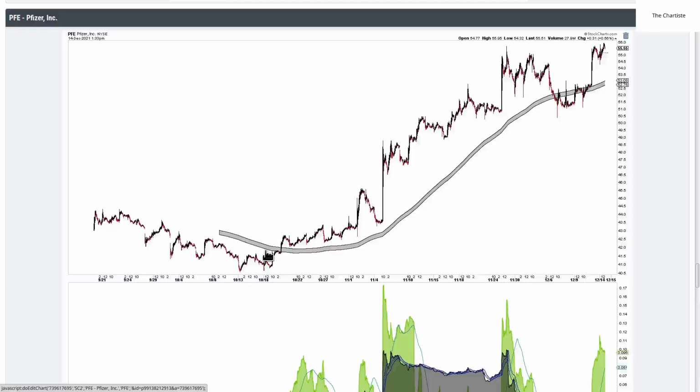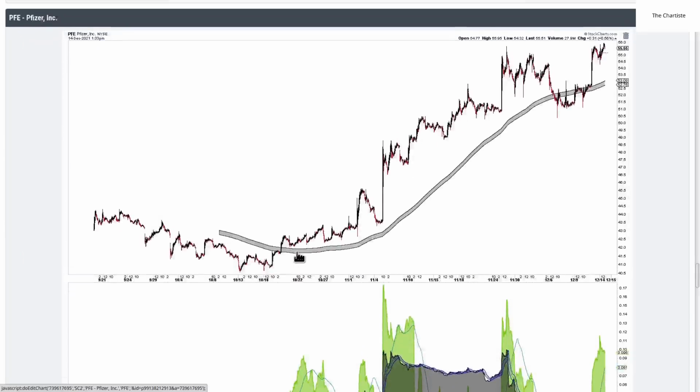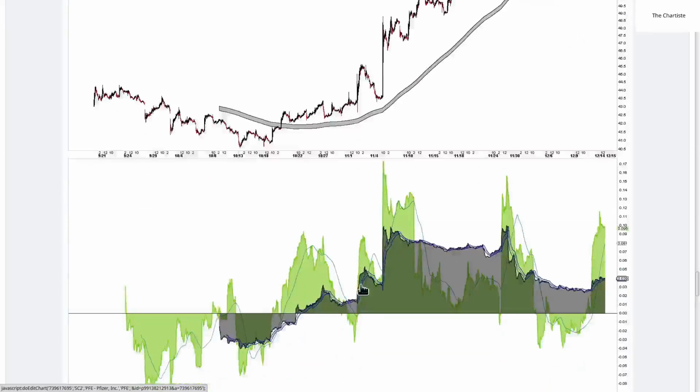You have the same situation with Pfizer at the same time as the previous chart. So there is nothing extraordinary. The price moves above the moving average, Chaikin Money Flow is moving in, and right here you enter. You have slow money flow staying up and fast money flow falling and coming back.